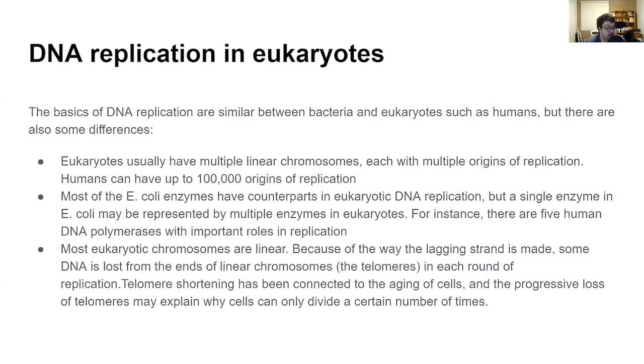The other thing to point out is that most of the enzymes involved in the replication of DNA in E. coli have a counterpart in eukaryotes like us. But sometimes a single enzyme that is represented in the model we just discussed for E. coli might have multiple enzymes in a eukaryote like us.